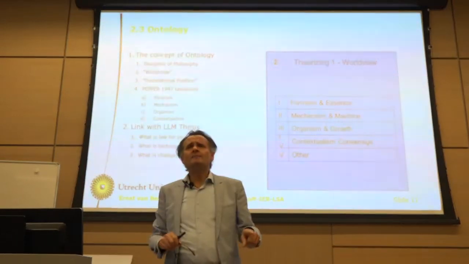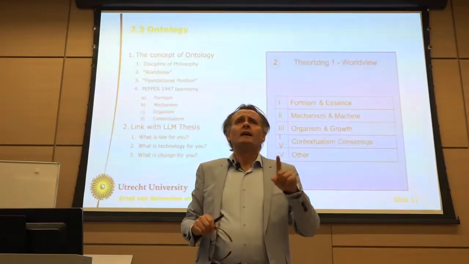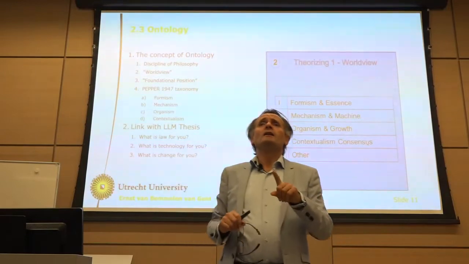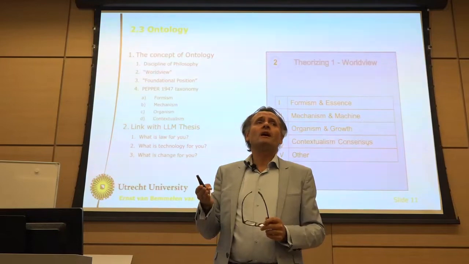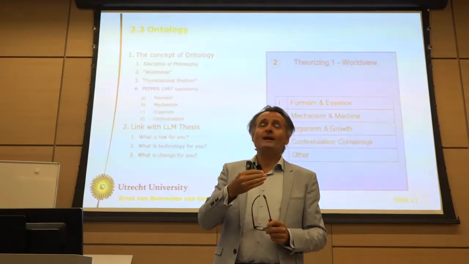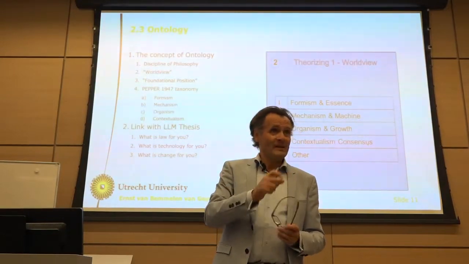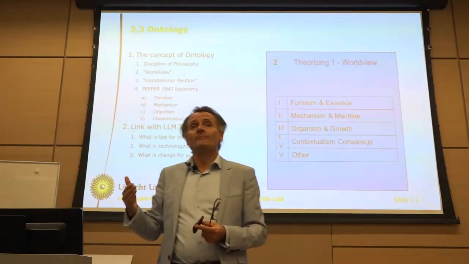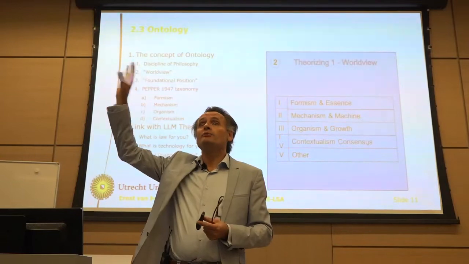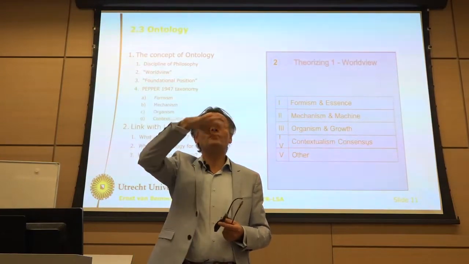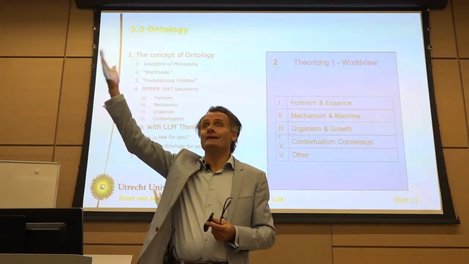One, ontology. There are not only two views, but there are 4 views, at least. So, Formism is the idea that everything is a preset form, and everything we see is the sort of mirror of that idea.